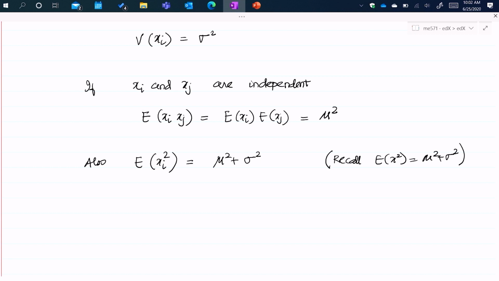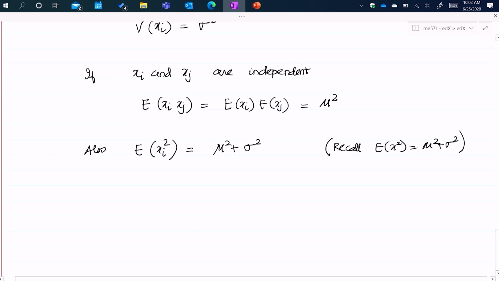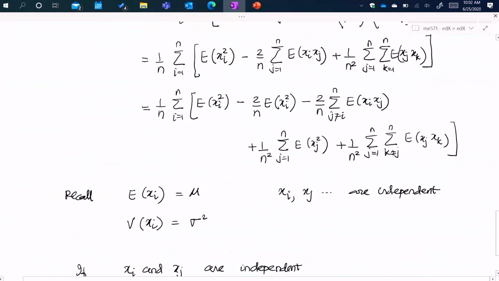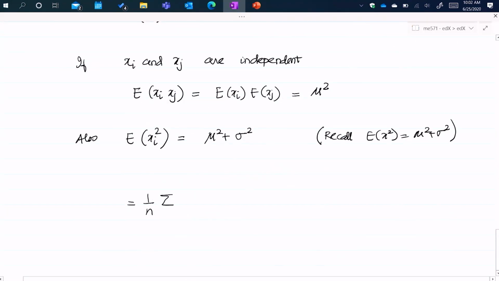Okay, so now we can substitute all of this into our expression, and our expression becomes 1 over n summation i going from 1 to n.